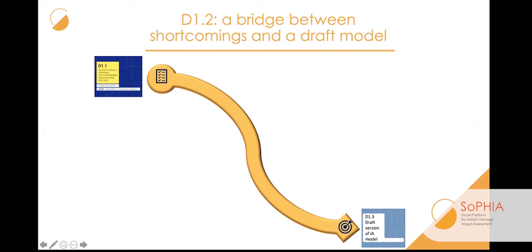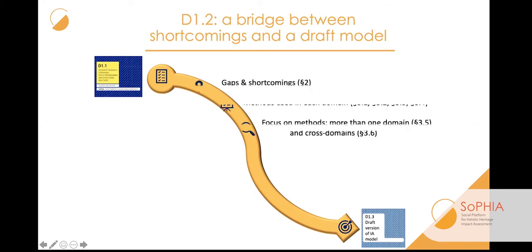In Deliverable 1.2, we go more into the details of the gaps and shortcomings that we detected already in Deliverable 1.1, and that were also recalled earlier by Riva on the first day of our meeting. You find these in paragraph number 2.